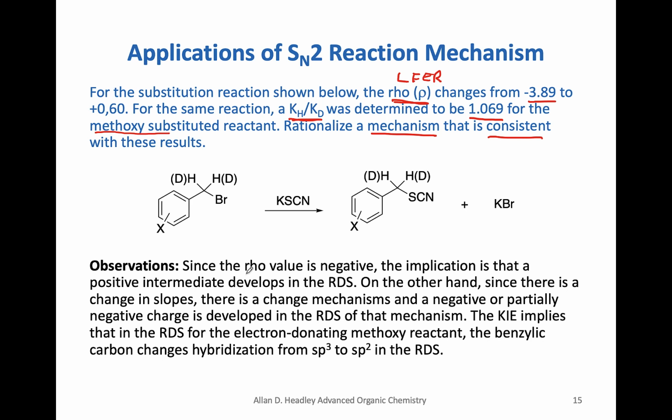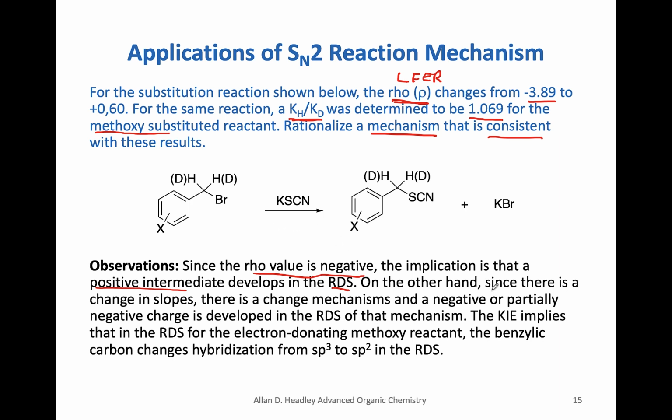So the observation is the rho value is negative, which means that there is a positive intermediate that was developed in the RDS for this reaction. So you can start thinking positive intermediate, you can start thinking carbocation, and you can start thinking rate determining step to form a carbocation. So you can start thinking SN1.